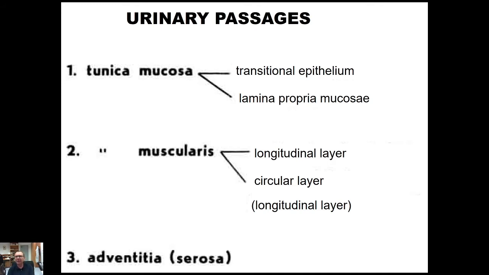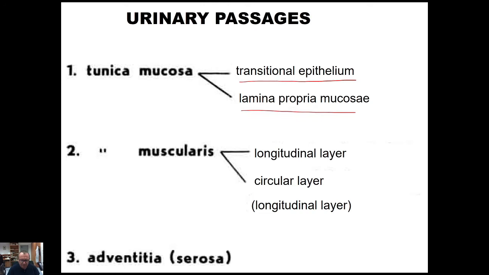Tunica mucosa mostly consists of transitional epithelium, a special type of epithelium typical for urinary passages only, and lamina propria mucosae. So this is the composition of tunica mucosa. Only urethra has got another epithelium than transitional, but the other parts of urinary passages have got transitional epithelium.